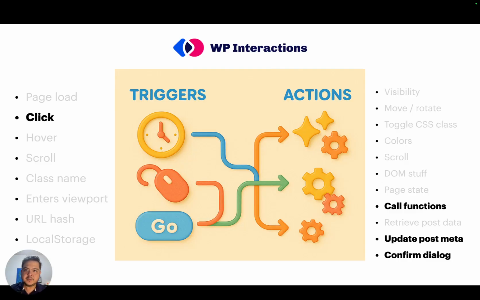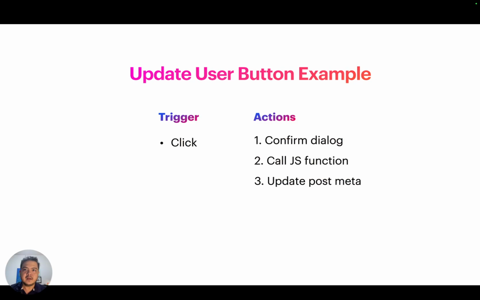So in my example here, you have one trigger, which is clicking, and then you have three actions that are performed afterwards. So first, you pop out a confirmation dialog for the user, then you call some JavaScript function, and then you update some post metadata.